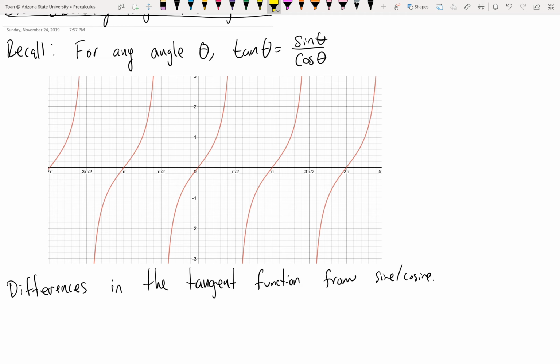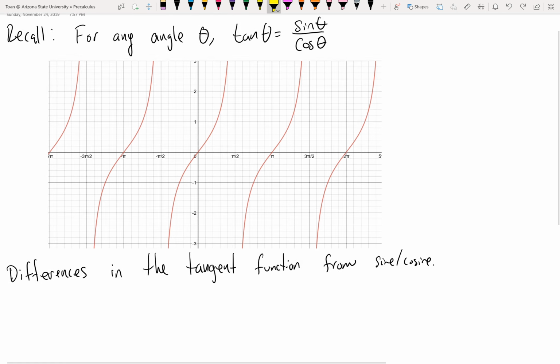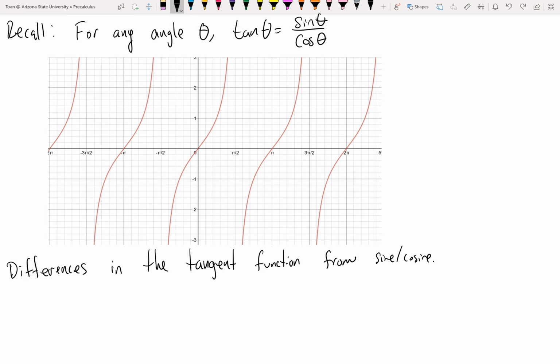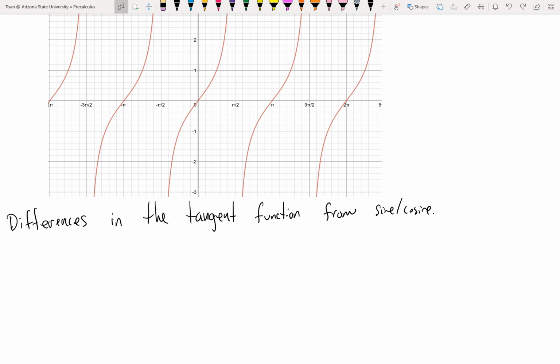But I think everyone can agree that the full shape, or the full cycle, of tangent is a swish shape here. And we do not get a complete shape starting at 0. As a matter of fact, starting at 0, we only get half of the shape. So that's the difference between tangent compared to sines and cosines. I can't start at 0 if I want to take a complete picture of the tangent. I actually have to start at negative pi halves. So the full picture of tangent starts at negative pi halves instead of 0.